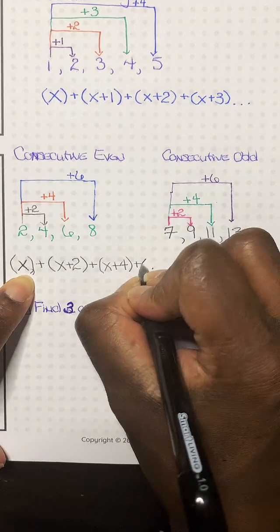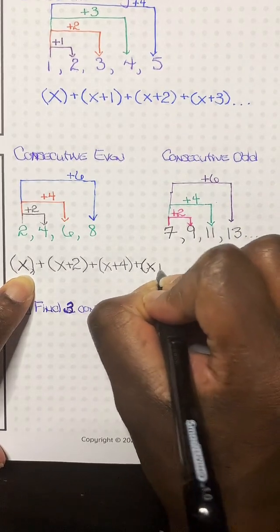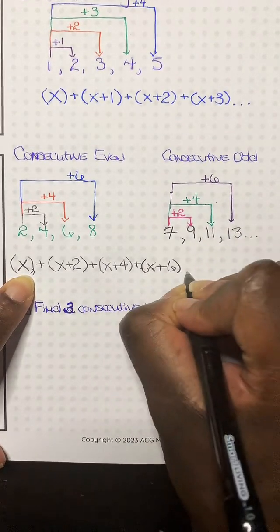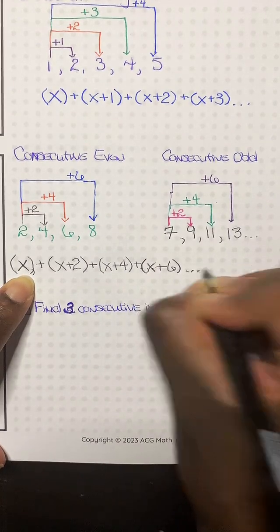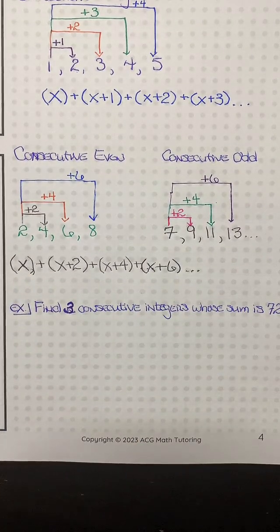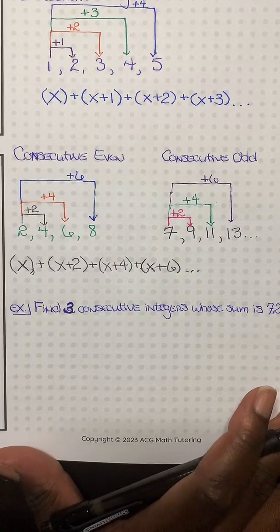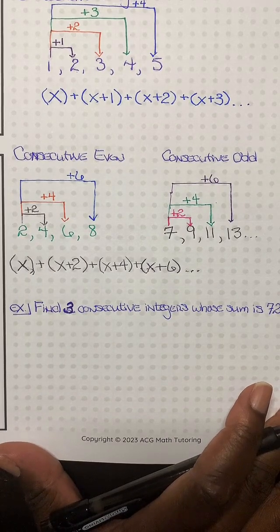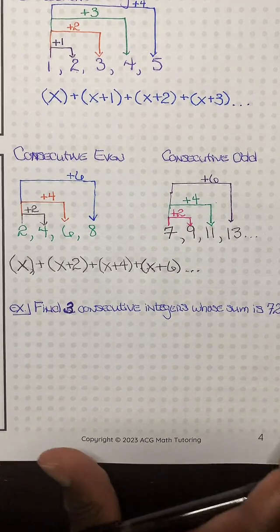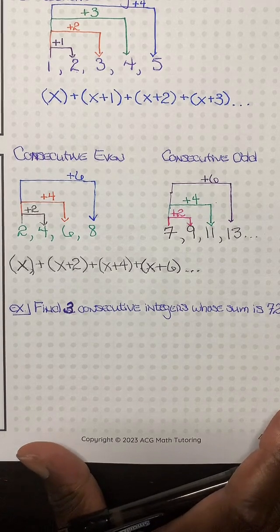So you've got your x + 6 and so forth, x + 8, x + 10, and so on. Do we see the difference of the two? Exactly, Tony. It's the same thing.